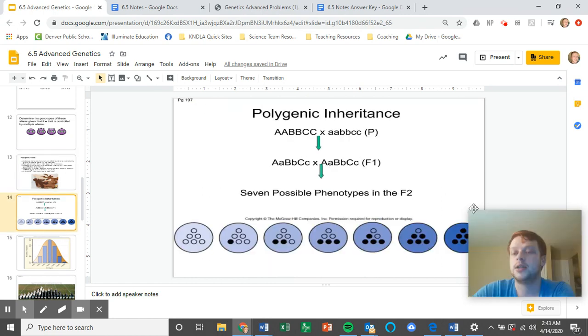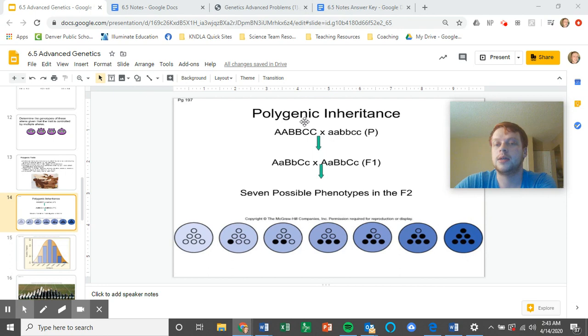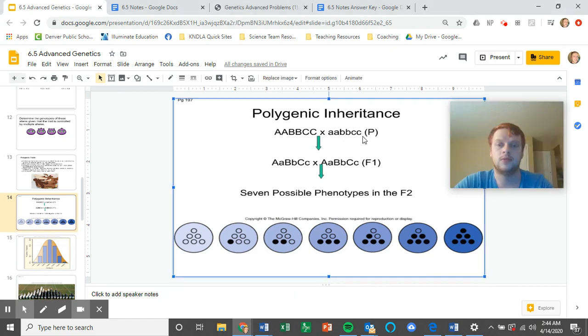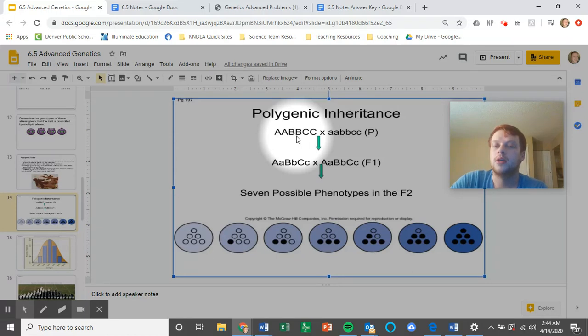When we look at polygenic traits, an interesting pattern occurs here. So if we take a P generation, remember for P, we're always crossing a completely dominant with a completely recessive. And if we have this parent generation here, what happens is in the cross, all of the offspring are completely heterozygous for F1.